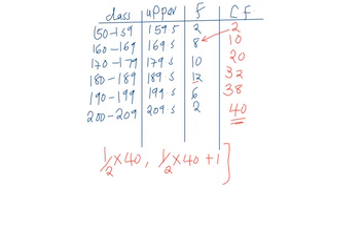These positions are occupied by the middle heights. Half of 40 is 20, so the 20th position, and half of 40 plus 1 is the 21st position. To get the median, we need the height of the 20th person plus the height of the 21st person, then we take the average.